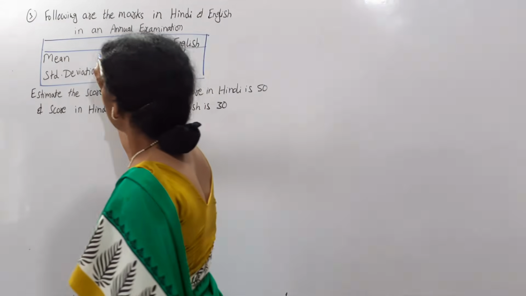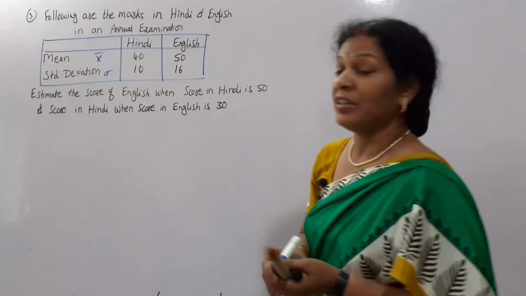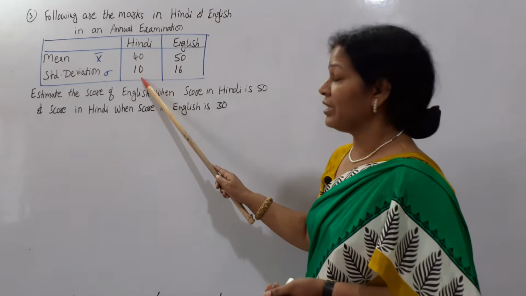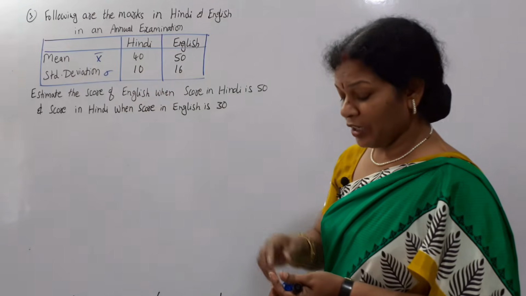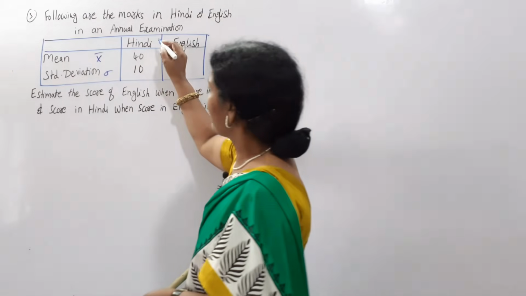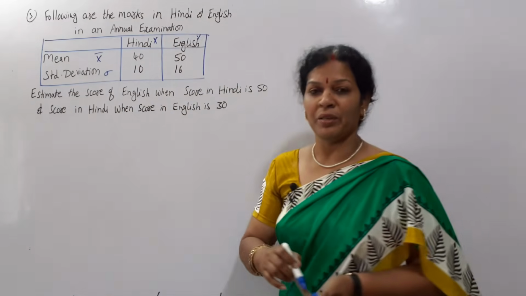X bar is given, the standard deviation is also given. The standard deviation of Hindi marks is 10, and the standard deviation of English marks is 16. Assume these are X and Y.